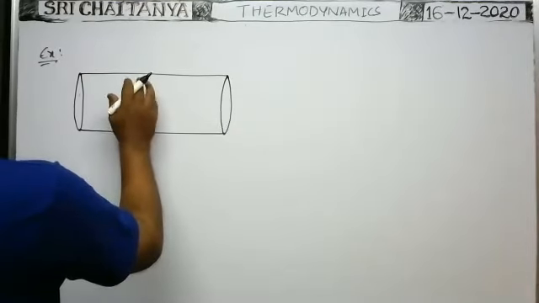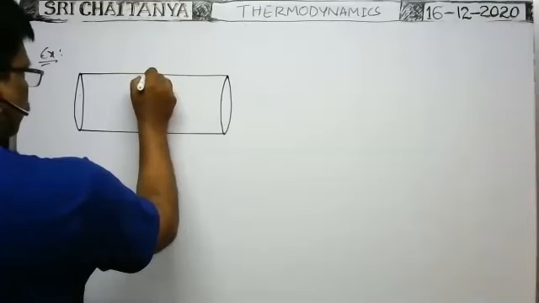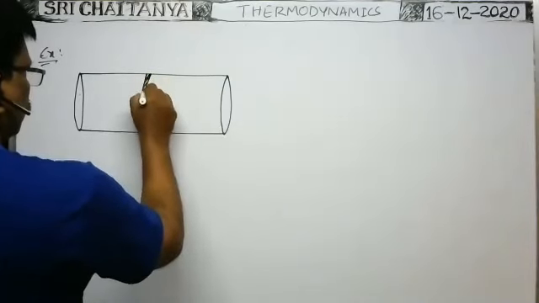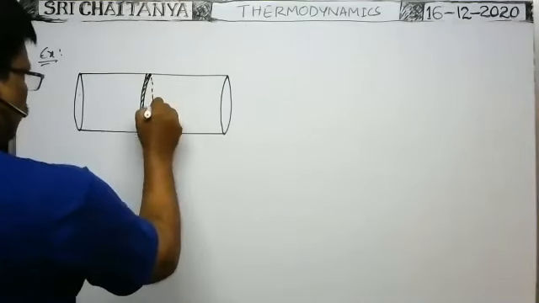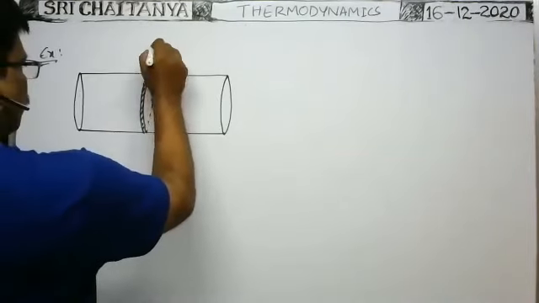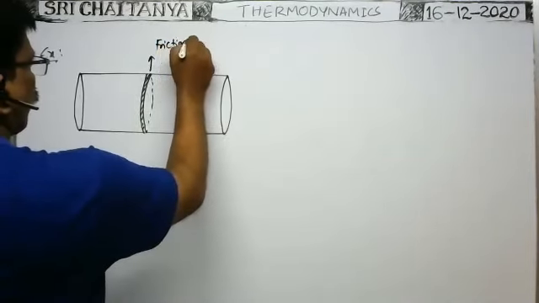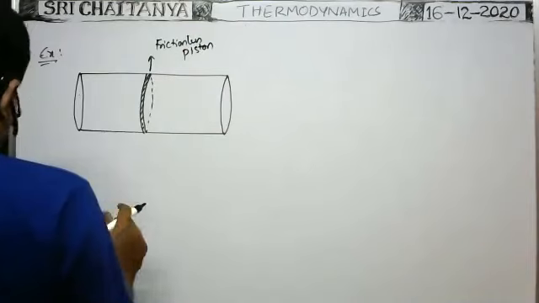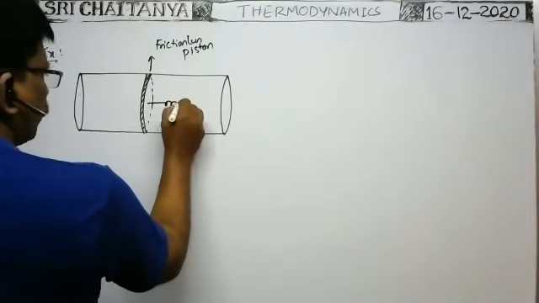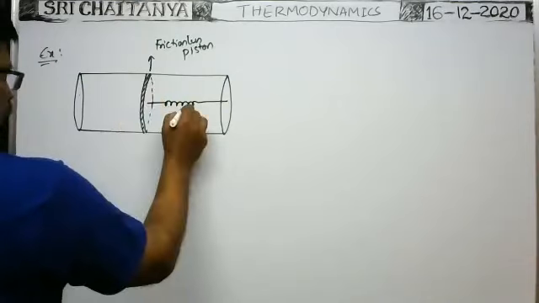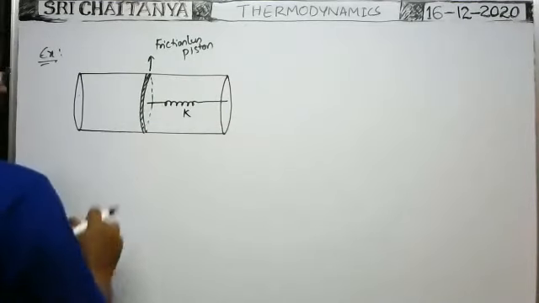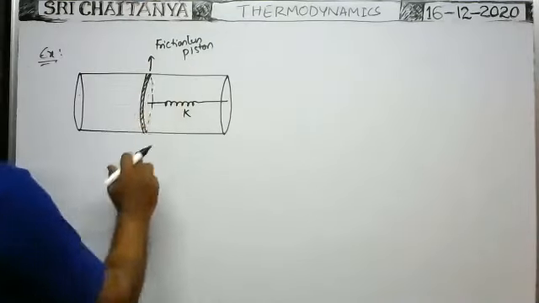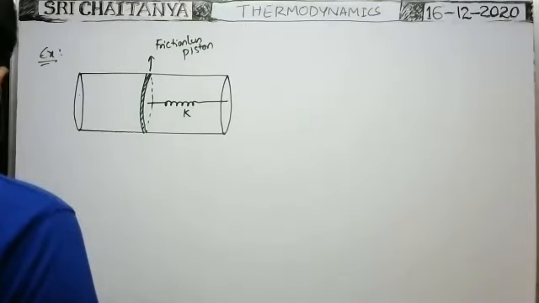Some gas is enclosed by means of a frictionless piston. This piston is fixed by means of a spring having spring constant K, and here it is evacuated, meaning it is open to the atmosphere. Atmospheric pressure acts on the piston.